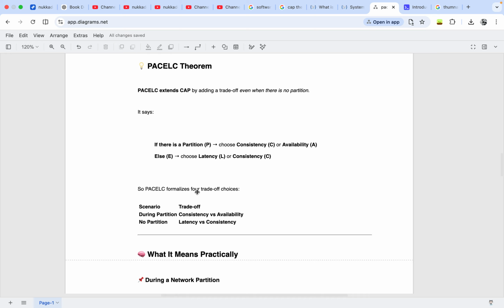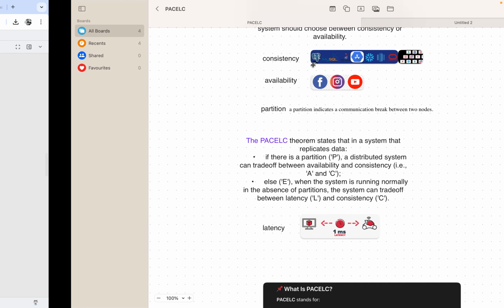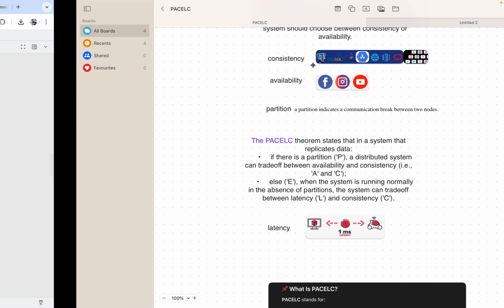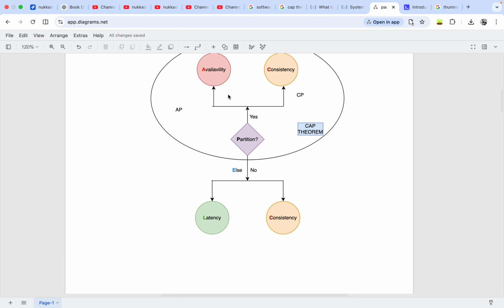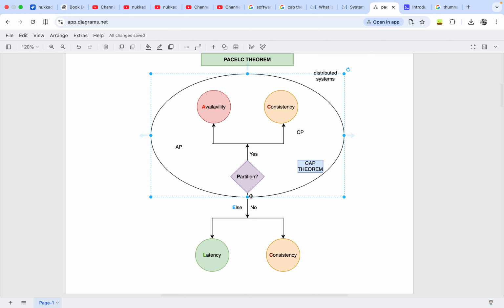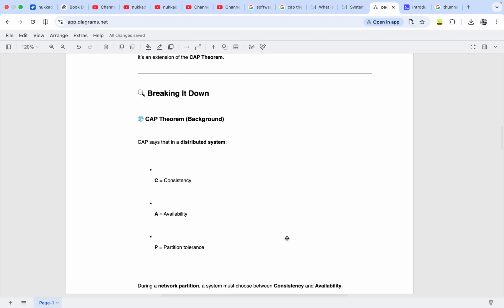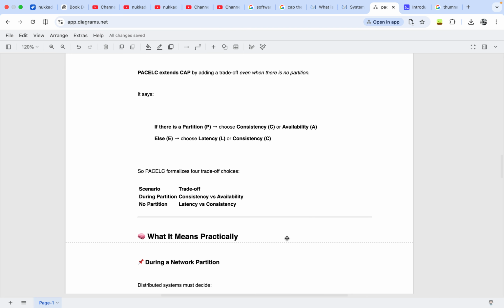So PACELC formalizes four trade-offs: during partition, consistency or availability; with no partition, latency or consistency. Just the same diagram, right? If yes, go for this; if no, choose latency or consistency.